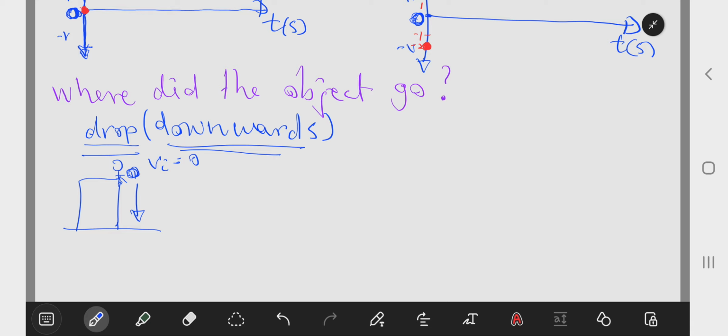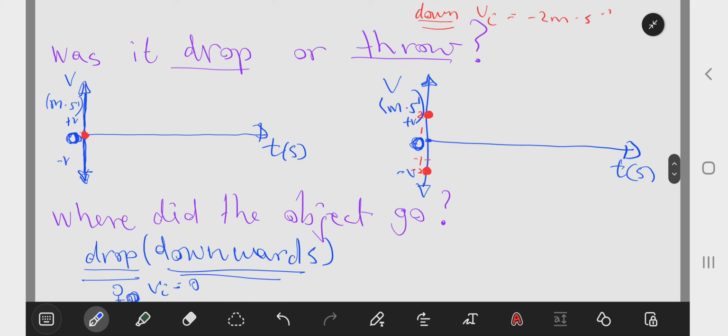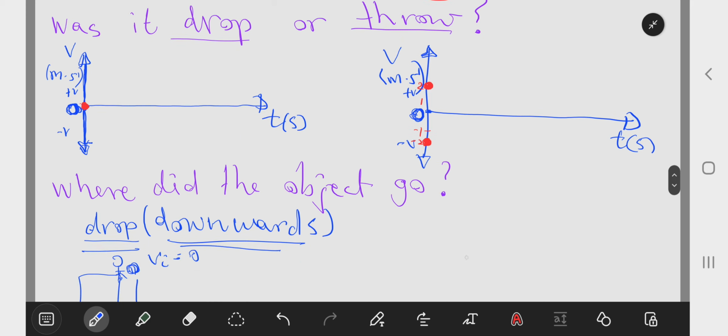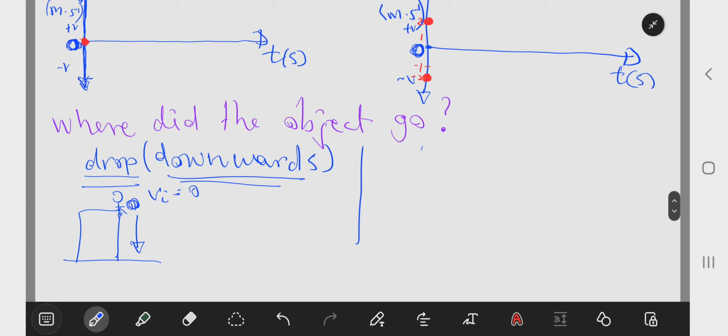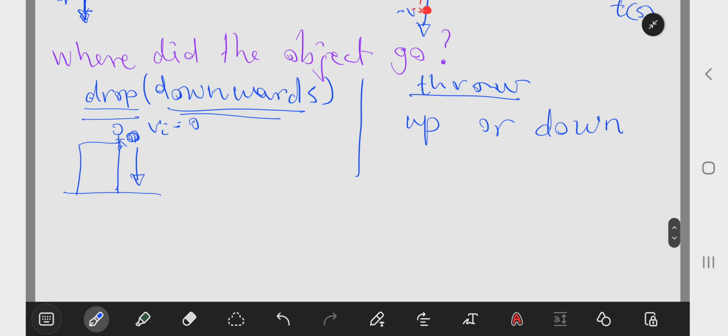But now let's check for the throw, okay? So when you throw an object, two things may happen. The object can go up, right? You can throw it up, or you can throw the object down, okay?